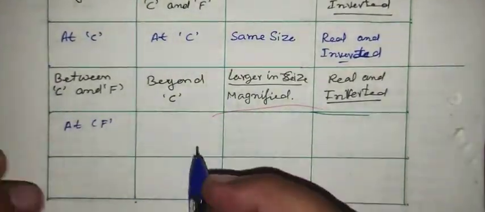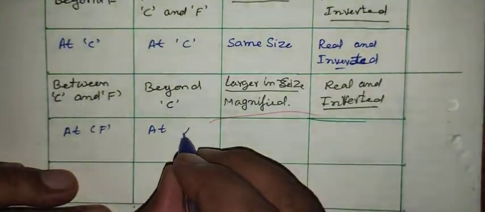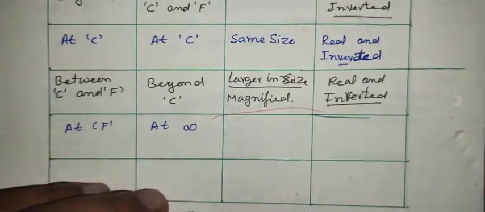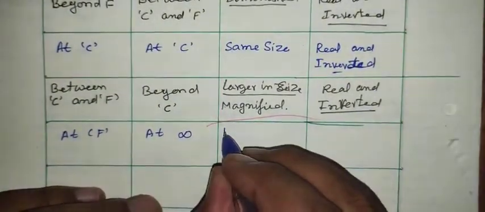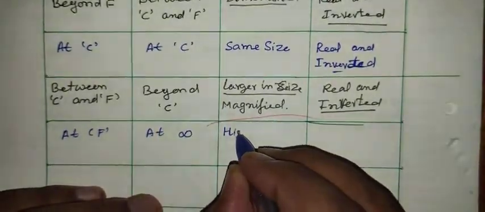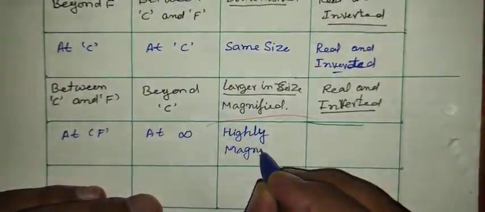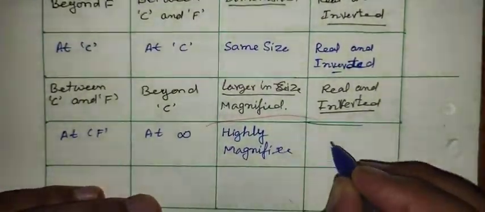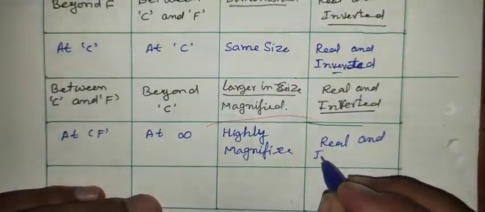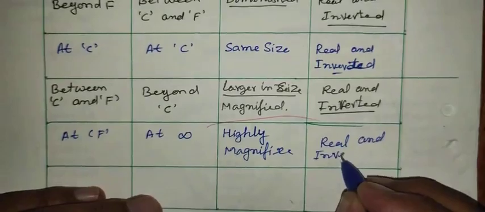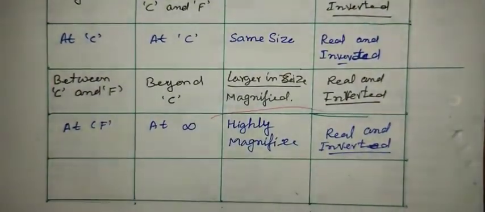As in the diagram, the image is formed at infinity, very large in size, so it is called highly magnified, real and inverted.